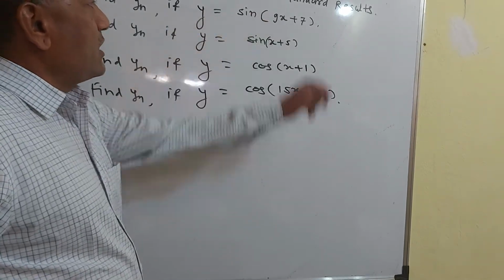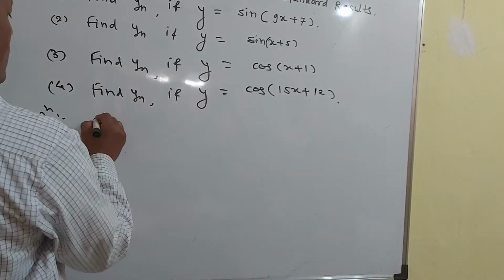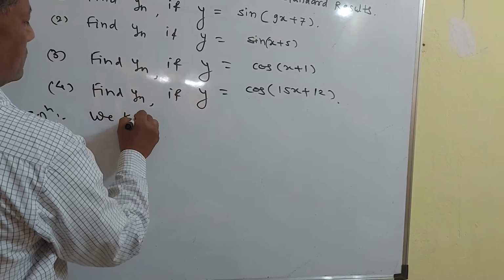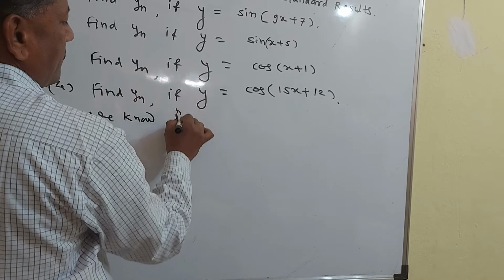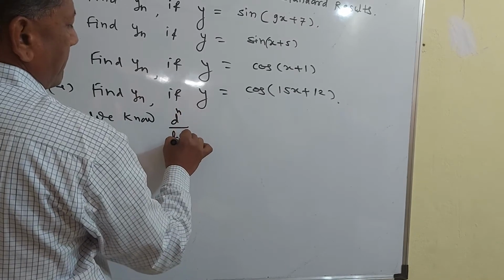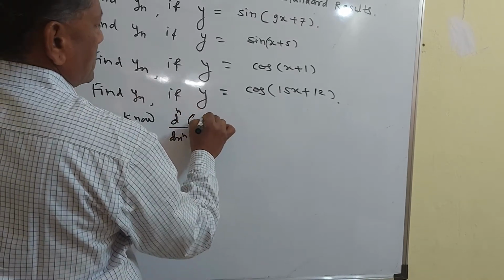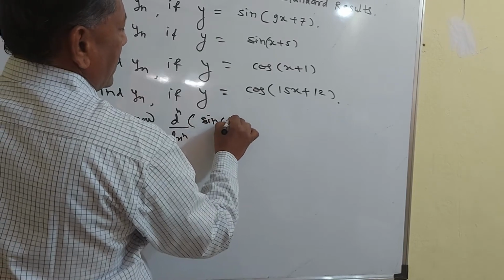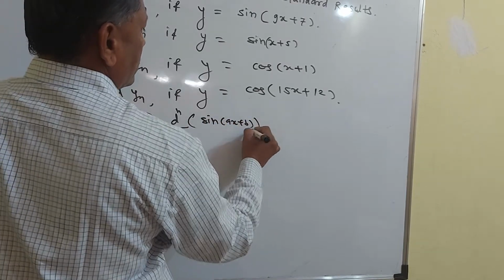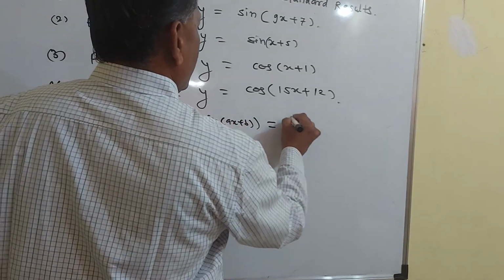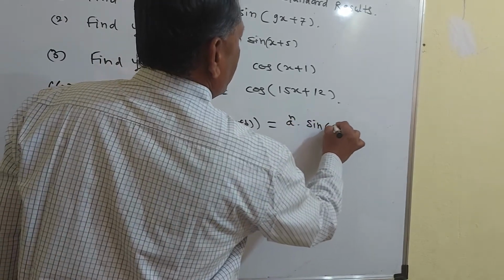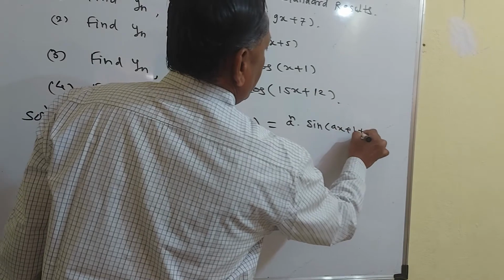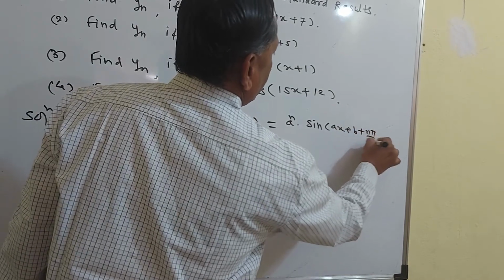If y is equal to sine of 9x plus 7, we know nth derivative of sine of ax plus b is equal to a raised to n into sine of ax plus b plus n pi by 2.